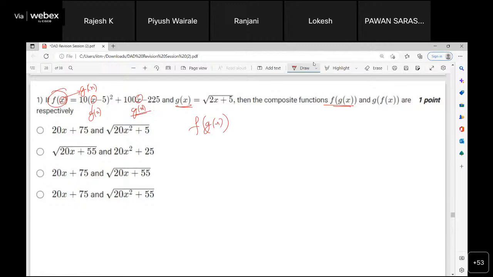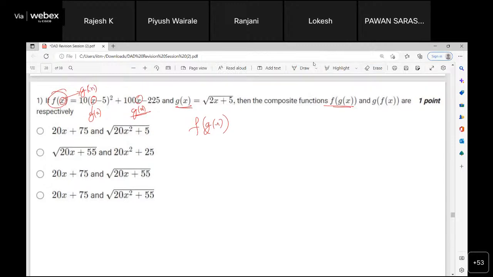Then I will calculate. Now tell me how to go. Just replace x with g of x for f of g of x. It is better to simplify this first.